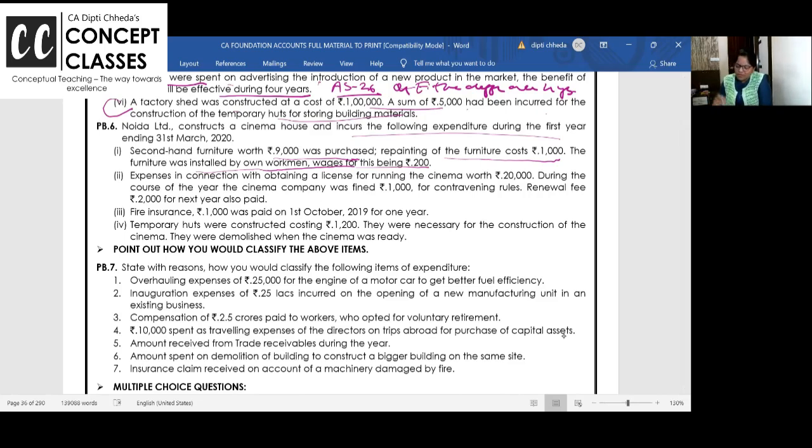So, are you writing like this in your notebook? Question number 1, first bit, capital expenditure. I hope you all are writing. You listen to my explanation and you write also. Tell me honestly, I am not writing in the notebook, but I am discussing, you write. CE, capital expenditure, the whole 9,000, then repainting 1,000, 10,000, 10,200. Capital expenditure.